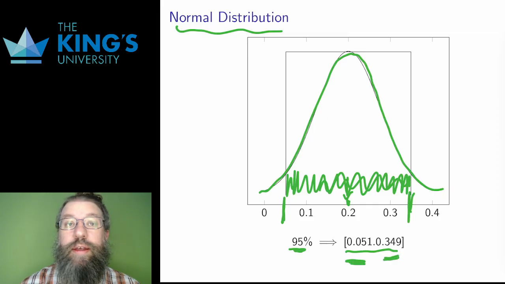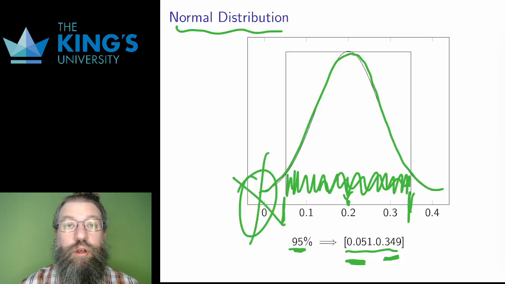In particular, 0 is not in the range, so we can be 95% confident that there must be at least some difference, and this matches the previous video, which concluded that the sample statistic was indeed statistically significant, and the null hypothesis could be rejected.